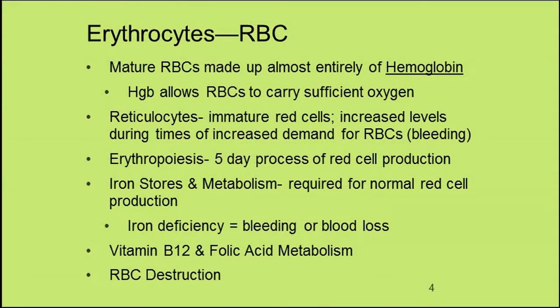B12 and folic acid do come from diet. Iron does too. Dietary iron is probably our number one way we get iron, and it is the number one way we get B12 and folic acid. So a B vitamin rich diet and folic acid rich diet is very important.